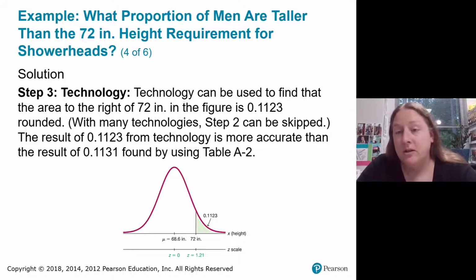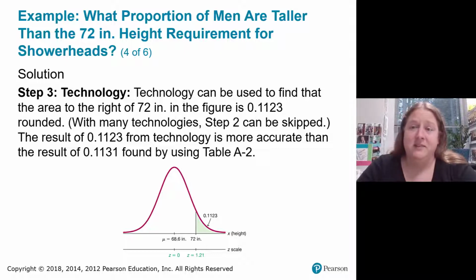Now, we're either going to use technology or a table to find that probability. So we're going to use the same techniques that we used last time. Just to note, when we're finding z-scores, we're rounding for the z-score, and in doing so, we make our answer a little bit less accurate than it would be if we used technology that didn't require us to transform things to z-scores.